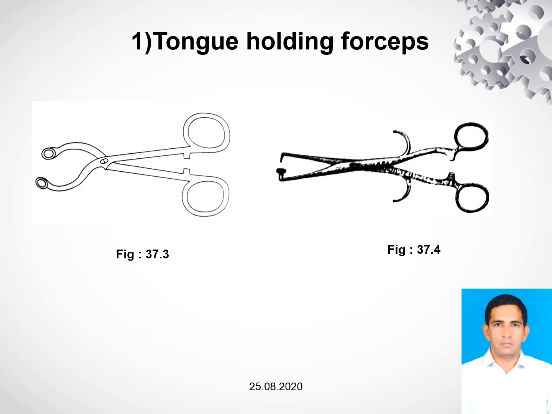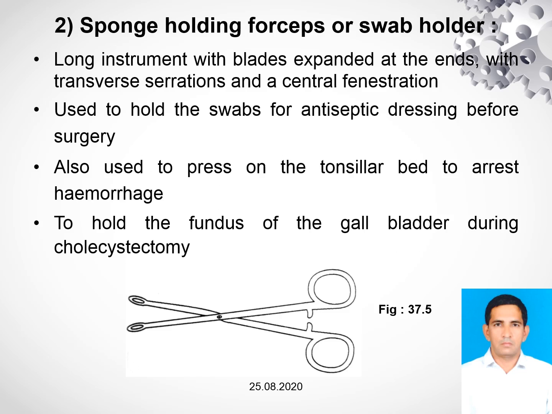Sponge holding forceps or swab holder, a long instrument with blades expanded at the ends with transverse serrations and a central fenestration, used to hold the swabs for antiseptic dressing before surgery.